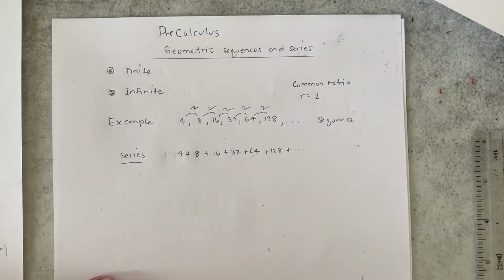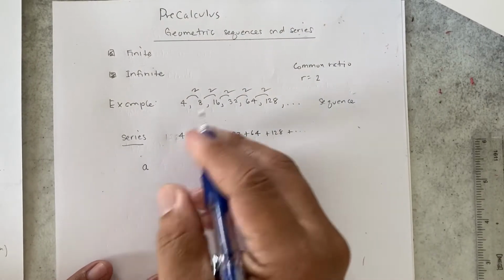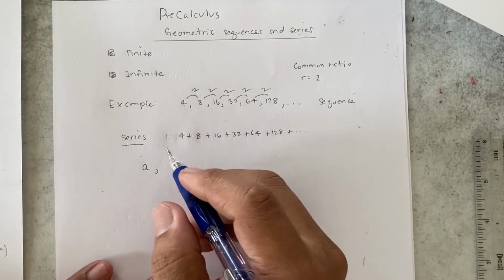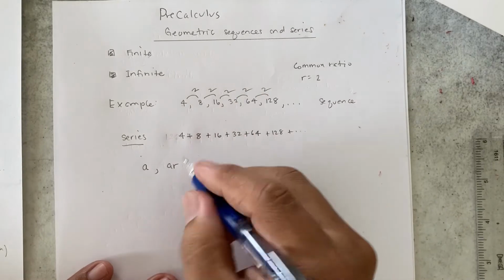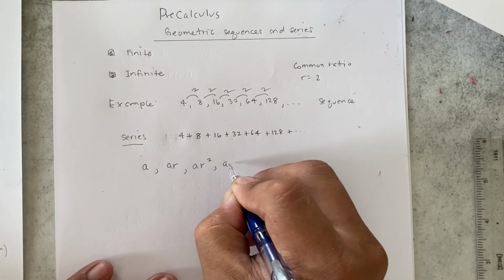For example, here we're going to label the first term as a. So what did we do to a here? We multiplied it by a common ratio, which is r. What we did again, we multiplied it by another r, which gives you r squared, and so forth.